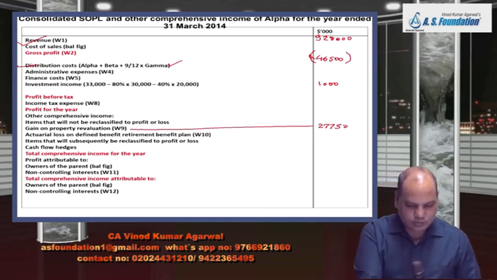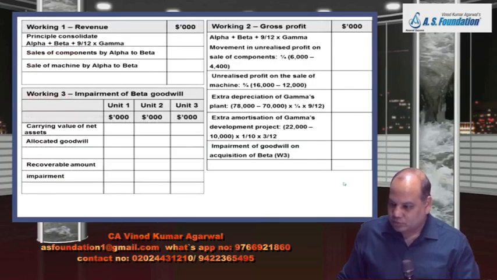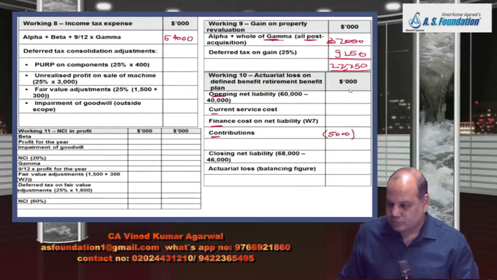Do we have a working note on income tax also? Yes. How much was the deferred tax adjustment here? 9,250.